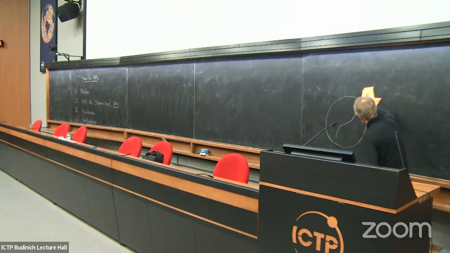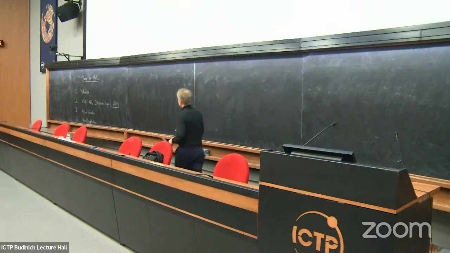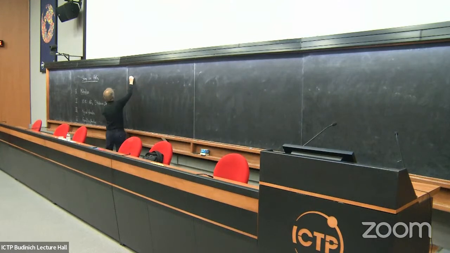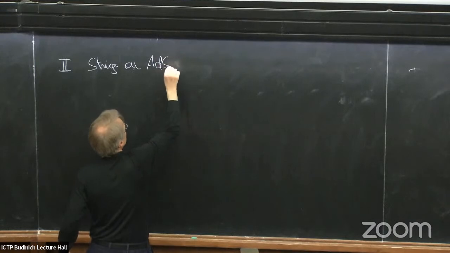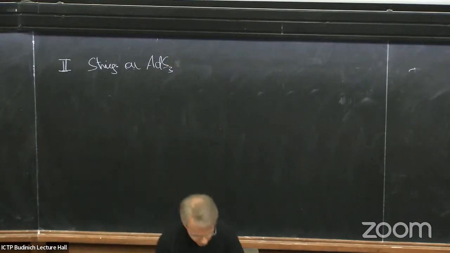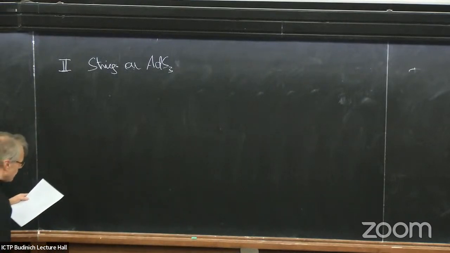Okay, so what we want to start with is trying to understand strings on AdS3. Let's first just look at the AdS3 factor. One way of writing AdS3 is as a hyperboloid in 4-dimensional space.